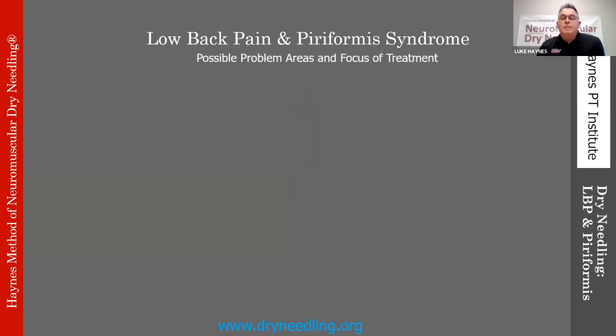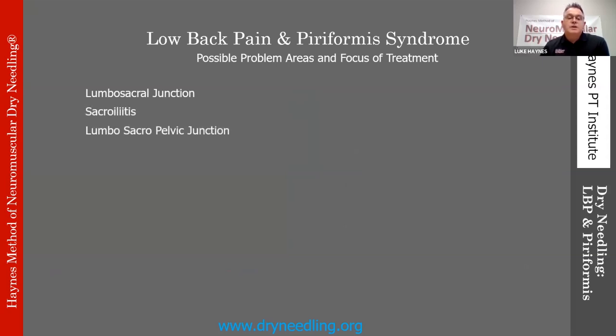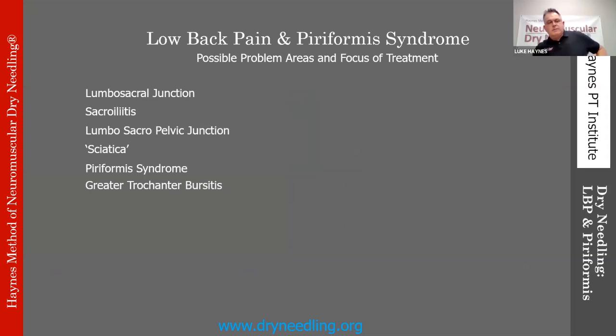Again, possible problem areas and focus of treatment would be the lumbosacral junction for sacroiliitis, the lumbosacral pelvic junction, which is extremely common, especially in older folks, people with OA and degenerative disc disease. Our typical complaint of sciatica with radiating symptoms, piriformis syndrome with a localized tender point and focus of discomfort.